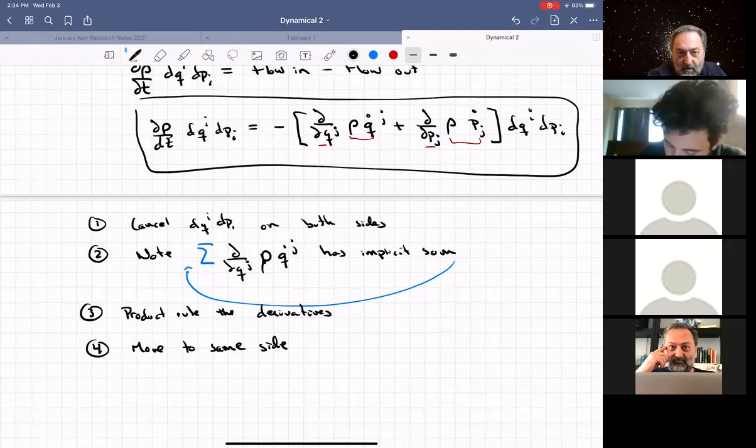Okay. So I'm going to do those 4 steps now. So I'm canceling the dqi dpi, which was common to everything. I'm going to put explicitly the summation sign back in. I'm going to product rule out the derivatives of the products, and move everything to the same side.